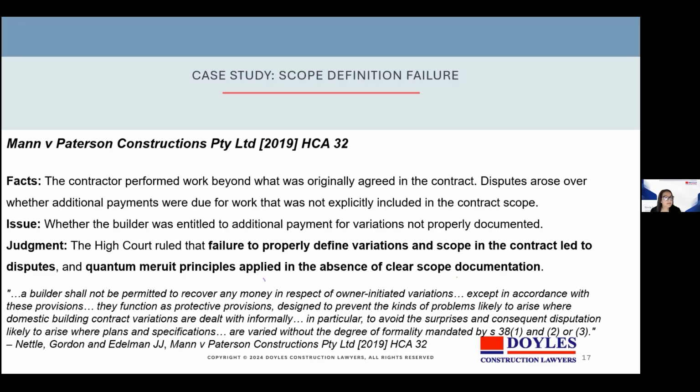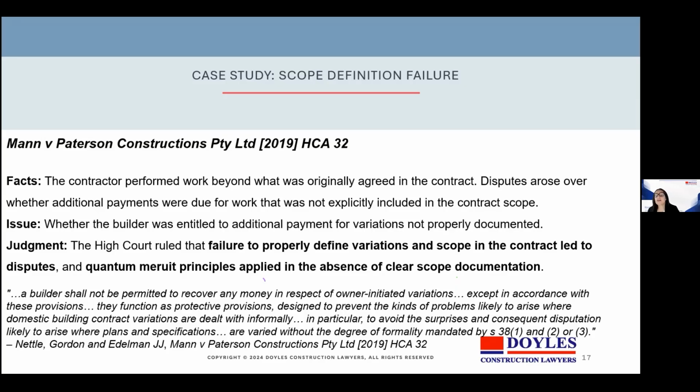And the court said, a builder shall not be entitled to recovery in money in respect of owner-initiated variations except in accordance with these provisions. They function as protective provisions designed to prevent all kinds of problems likely to arise when contract variations are dealt with informally. In particular, to avoid surprises and consequent disputation likely to arise when plans and specifications are varied without the degree of formality mandated by, in that instance, the provisions of the relevant domestic building legislation in Victoria.